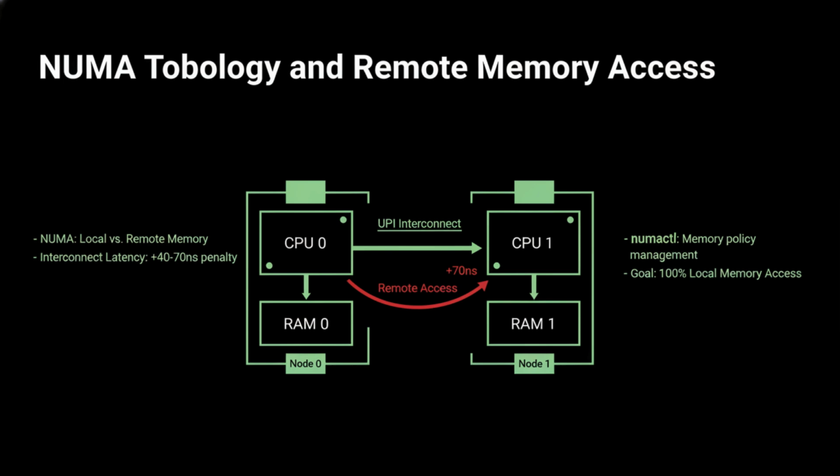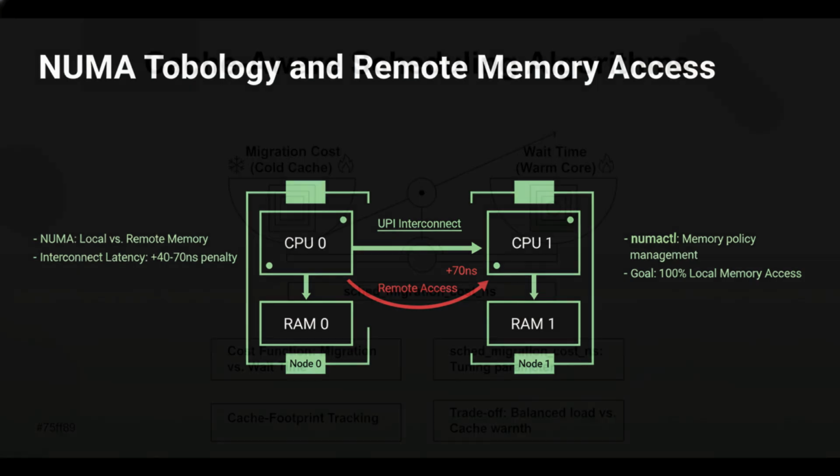A cache-aware scheduler must be NUMA-aware. We use libnuma or numactl to ensure that memory is allocated on the same node where the thread is scheduled. If the scheduler moves a thread to a different NUMA node, the L3 cache becomes your only defense before hitting the slow interconnect, making cache management even more vital in dual-socket systems.